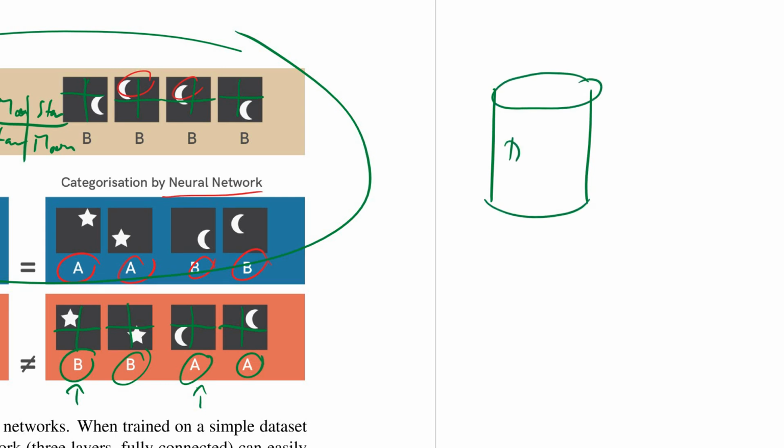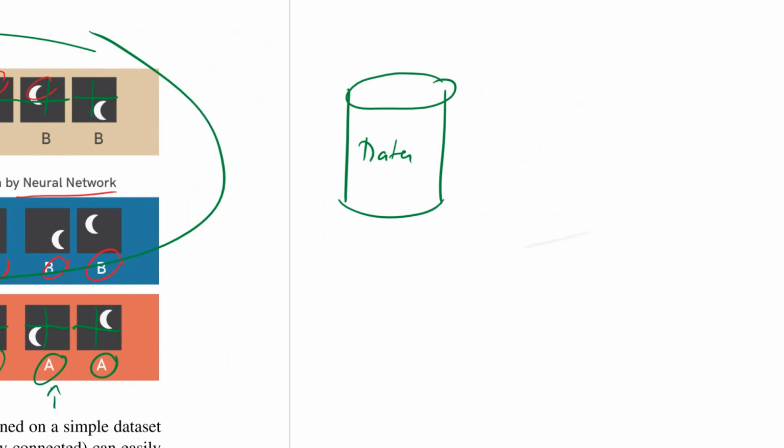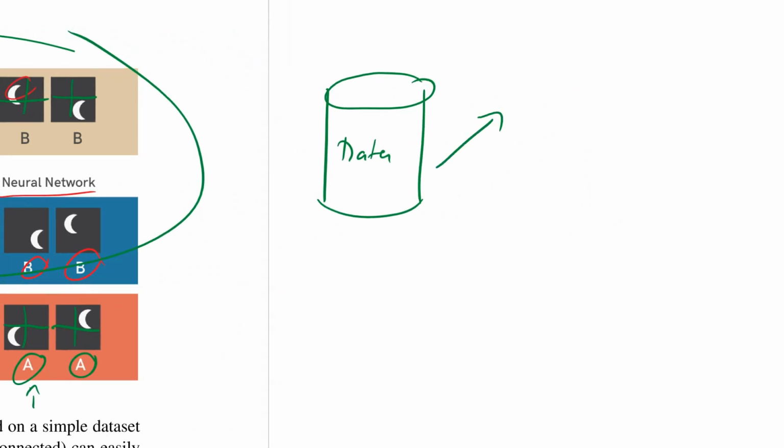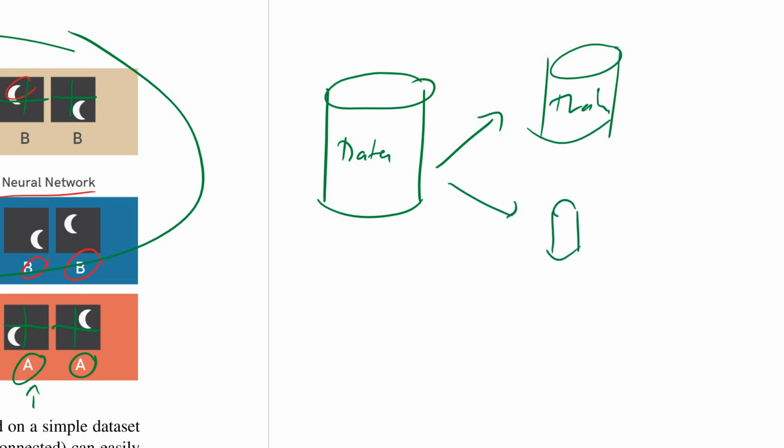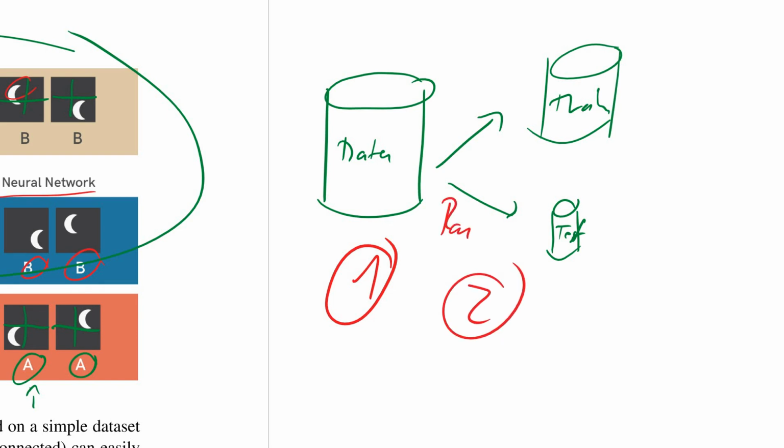And what we'll do then is we'll split it into a fairly large train and maybe a smaller test set. But it's important that we first collect the data, and then second, we randomly split it.